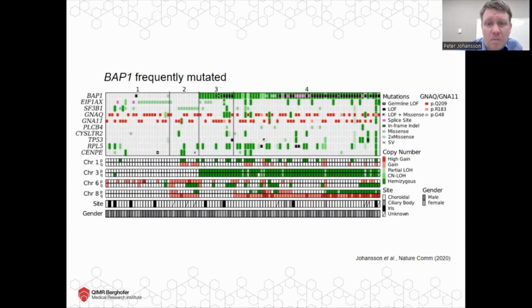Importantly, almost all of them have monosomy 3, which means that the other copy of BAP1 is lost as well. Most of the mutations are somatic, but there are 2 cases of germline mutations marked by a white blob in the black rectangle, and those are the 2 I want to focus on today.